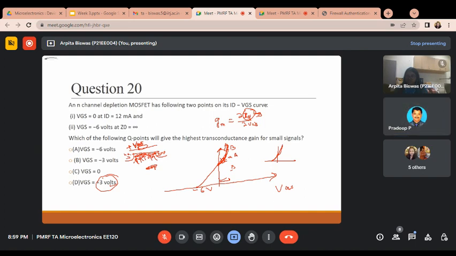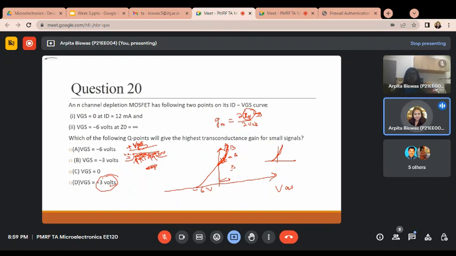Like it is N channel, so in depletion MOSFET, it means the channel is already present when you are not giving any voltage. Okay, when VGS is 0, in that time also the channel is present, and when you are giving some positive voltage, it will attract more electrons towards the surface.